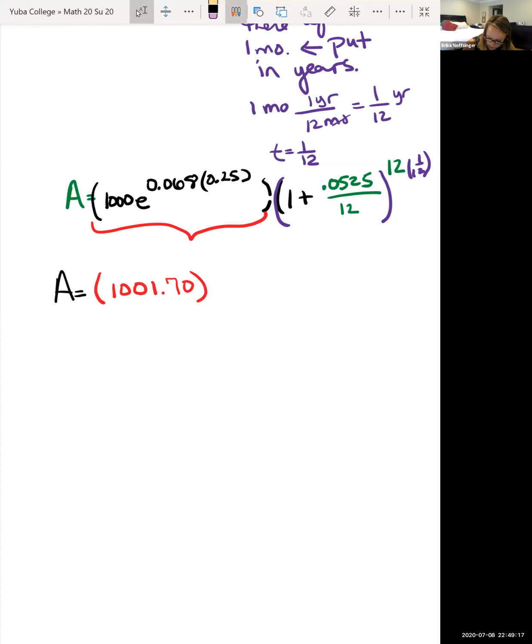And so in this piece in here, notice that our exponent gets to 1. So I have all times 1 plus 0.0525 divided by 12, added to 1. I get back 1.004375.